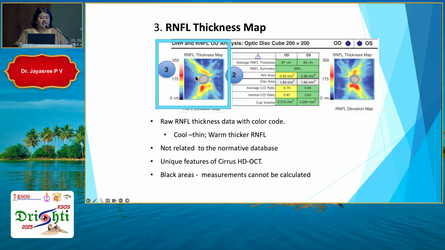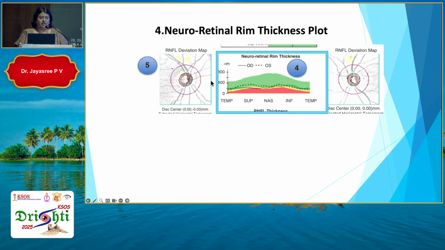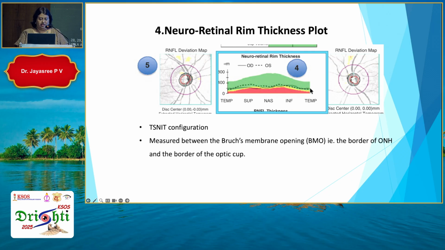If you see black areas in this RNFL thickness map, those are the areas which are not used for data analysis. Here, this is the neuroretinal rim thickness plot. What you see here is in the TSNIT configuration. This neuroretinal rim is measured between the Bruch's membrane opening, that is the border of the optic nerve head, to the border of the optic cup.